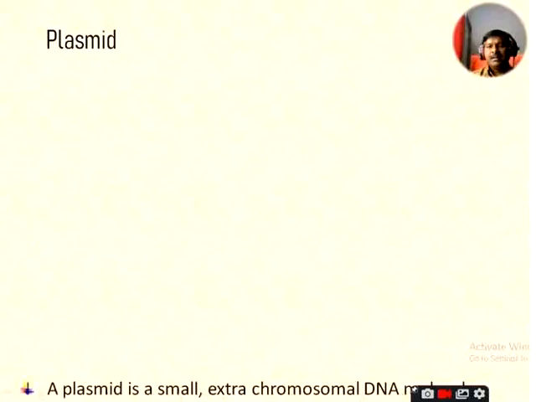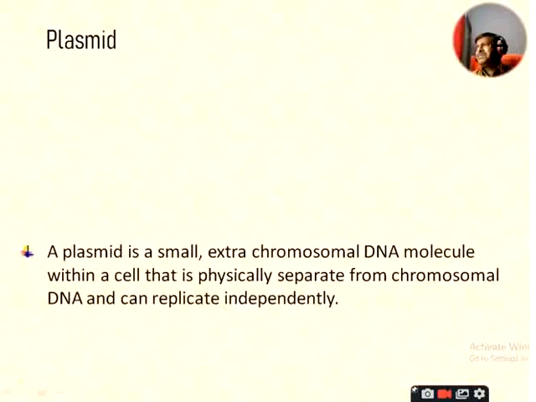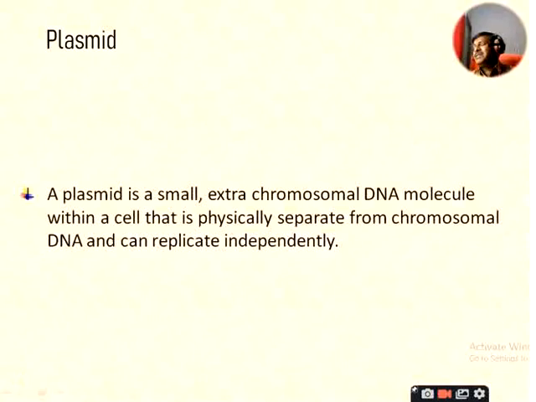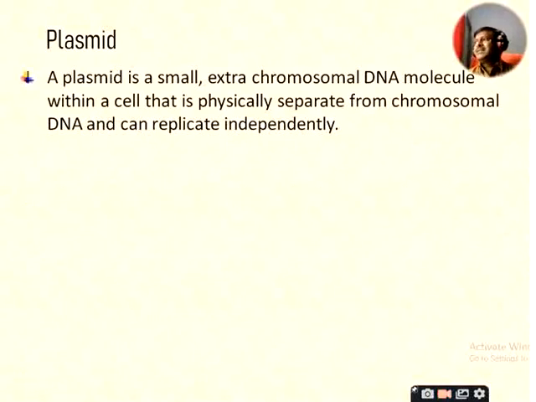Now another material which is present in the cytoplasm of the cell is the plasmid. Here the plasmid is also one type of DNA. It is also called an extra chromosomal DNA molecule within a cell that is physically separate from the chromosomal DNA and can replicate independently.